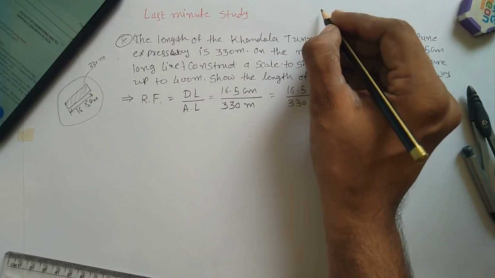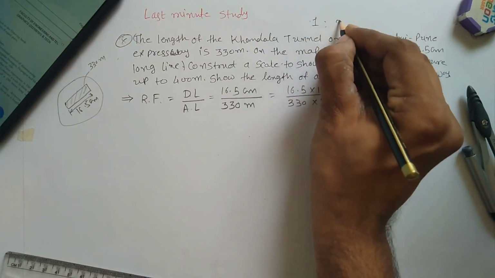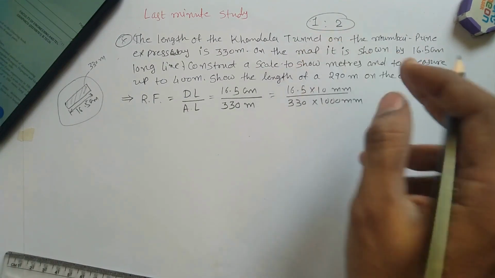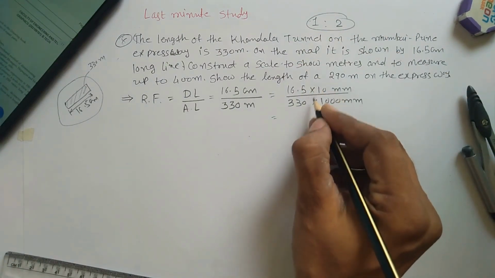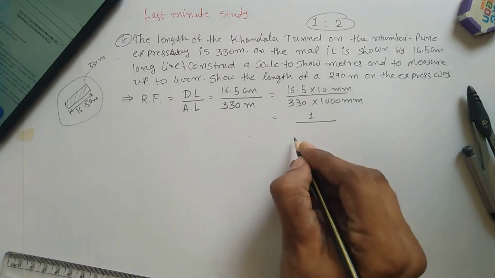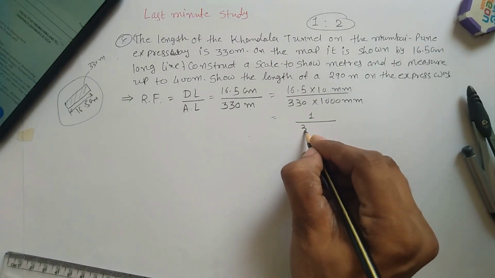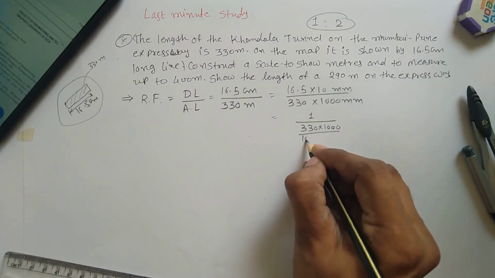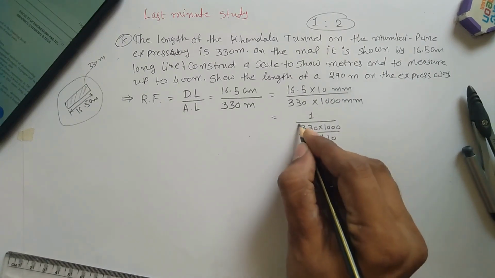All the ratios must be written in the form of this. Okay, so this is the style of the ratio representation. So we have to convert one of the things to 1, so we are using 1 divided by 330 into 1000 divided by 16.5 into 10.